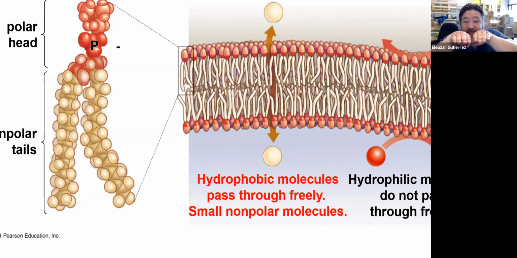So if your phospholipids are sticking together and they're turning into butter, butter is not very dynamic. It's not very fluid. So consequently, your cell is going to have difficulty doing what it likes to do, which is take nutrients in and get rid of wastes, things that it needs a dynamic fluid membrane for.